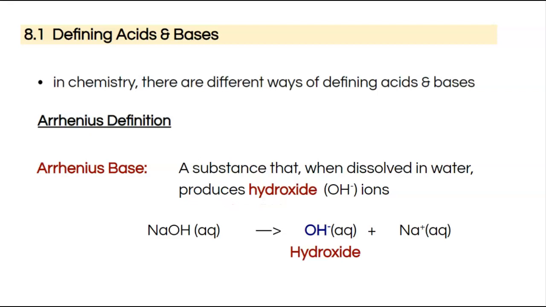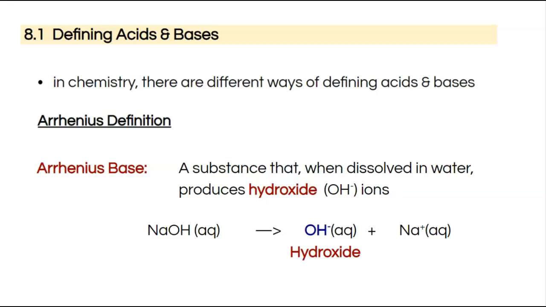So our strong bases, like sodium hydroxide, for instance, when dissolved in water, will dissociate to produce hydroxide ions and whatever the cation is that's associated with it, right? Just the sheer presence of that hydroxide ion, and the compound that's releasing and producing it in solution, is in accordance with the Arrhenius definition.